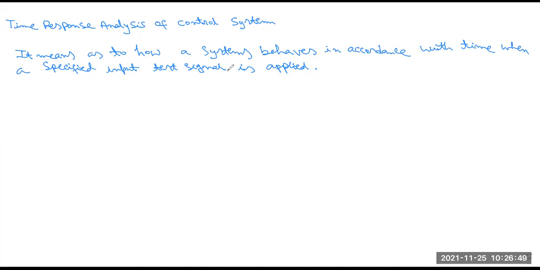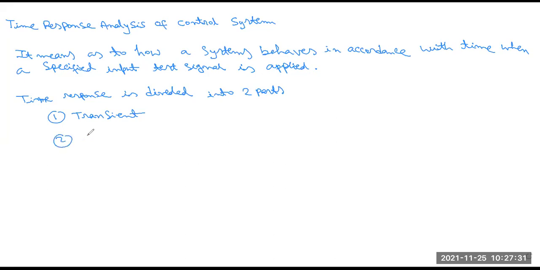In this chapter, time response is basically divided into two parts: one is transient and another one is steady state.